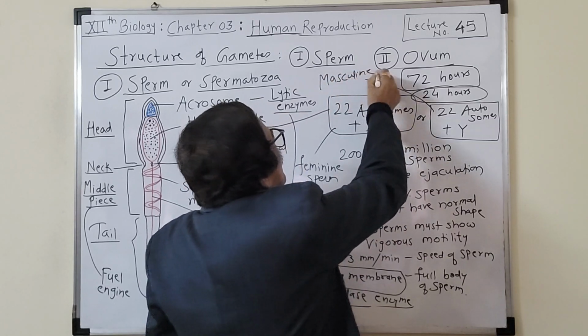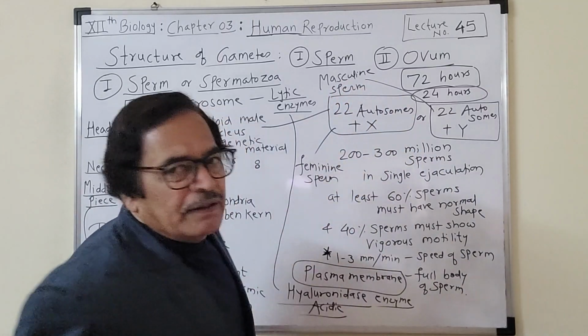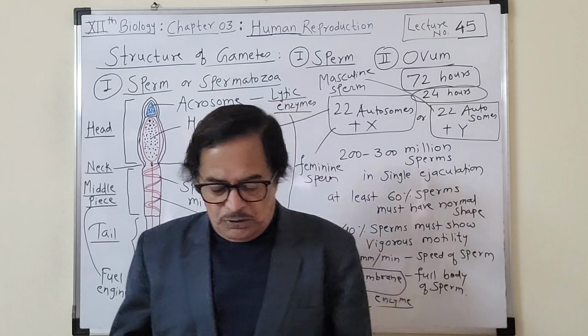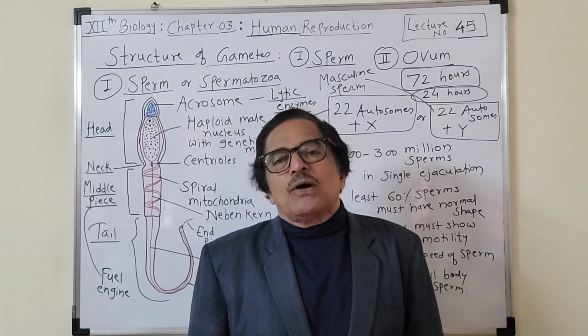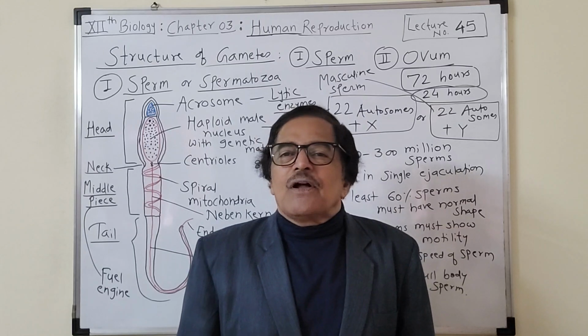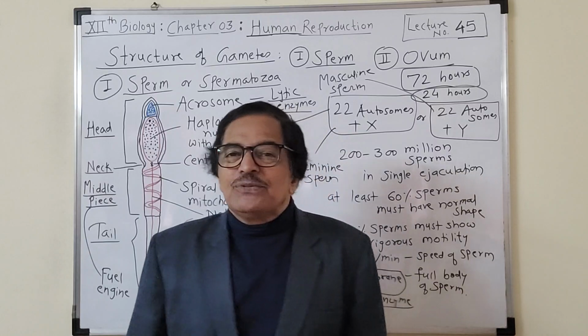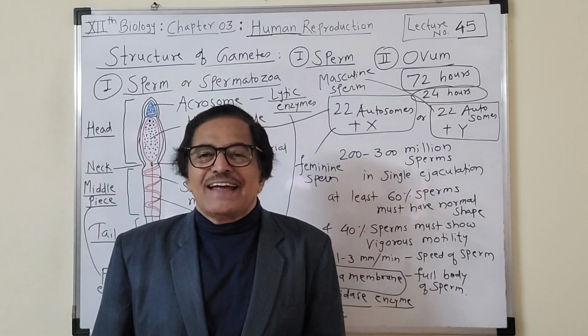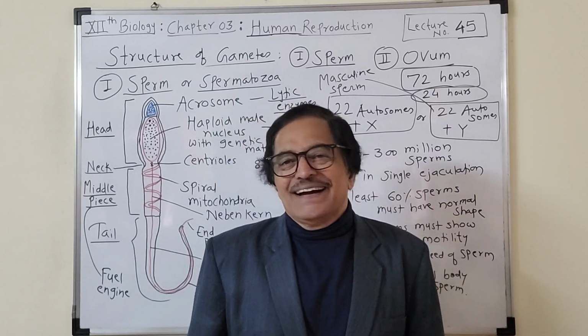So in single, अगर मैं ऐसा MCQ आपको पूछूंगा that in a single coitus, during the coitus, a single ejaculation of male will have approximately what number of masculine sperms? तो 200 to 300 मिलियन जो है वो आंसर नहीं आएगा, उसका 50% कर लो, 100 to 150 मिलियन आएगा.